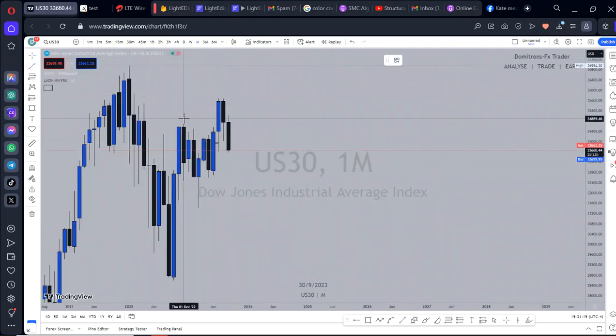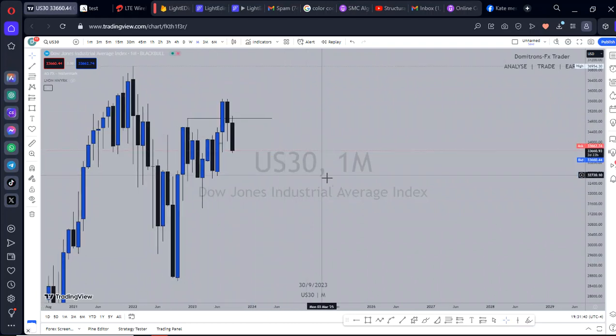Now we see this high right here. This candle broke that high, right? So we are expecting the next candle to close above that high, but the next candle did what? Closed below this high. So that is not a confirmed break of structure from the monthly time frame, and this order block is not a valid order block.